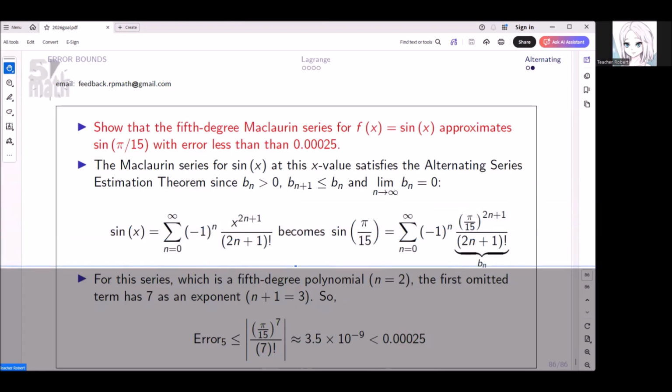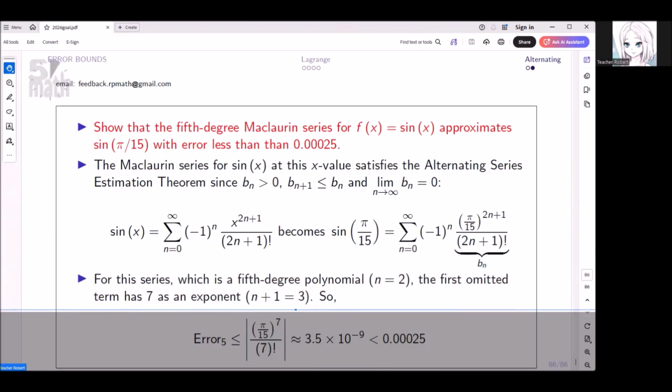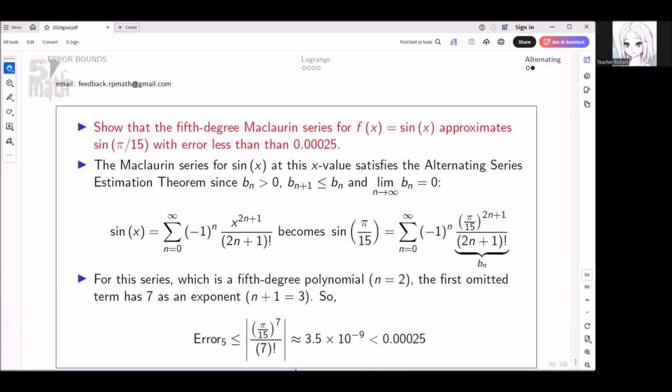This becomes that. For this series, which is a fifth-degree polynomial, n equals 2, the first omitted term has 7 as an exponent, n plus 1 equals 3. So, error 5 is the following.